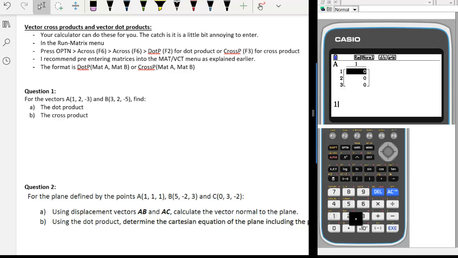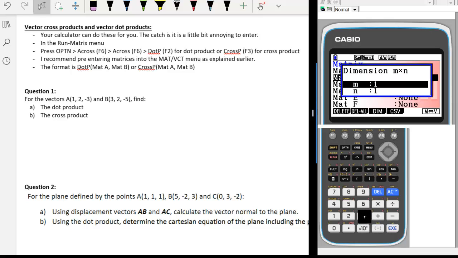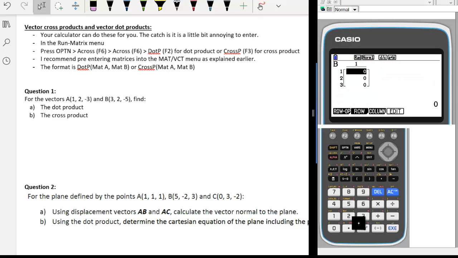So we have 1, 2, and -3. And for matrix B, again, it's a 3 by 1 in this case. And I have 3, 2, and -5.